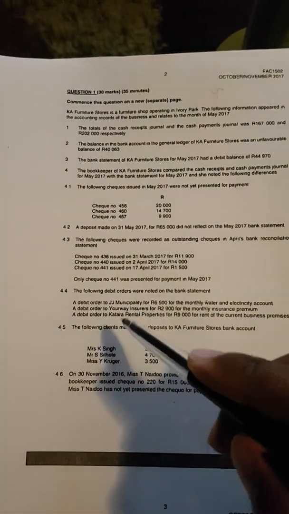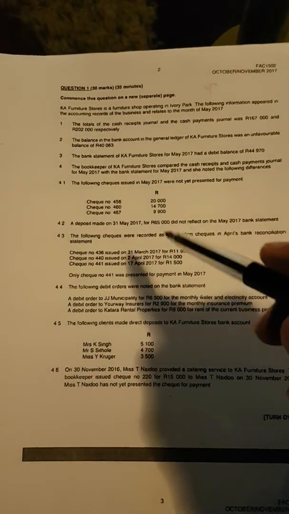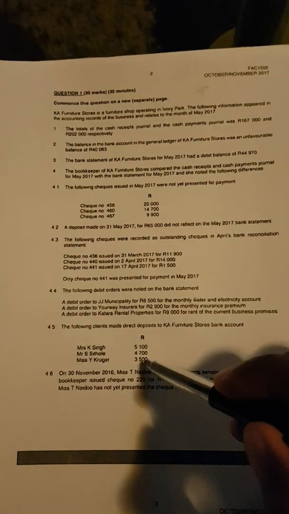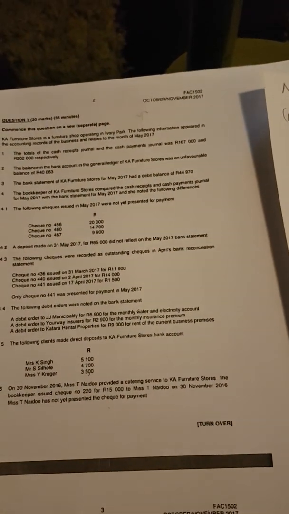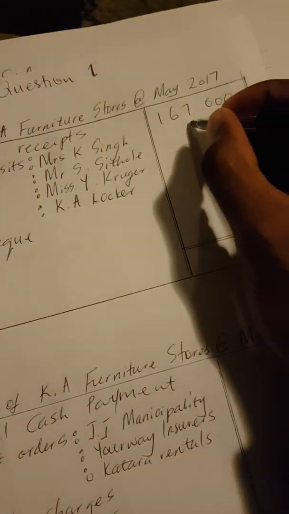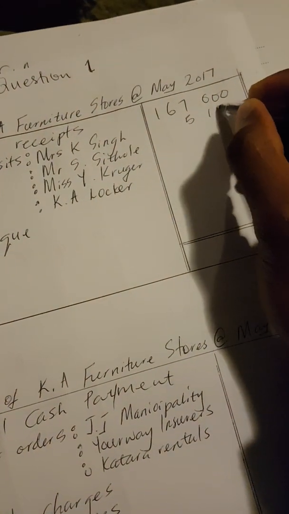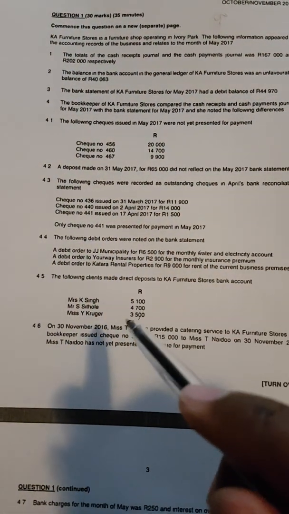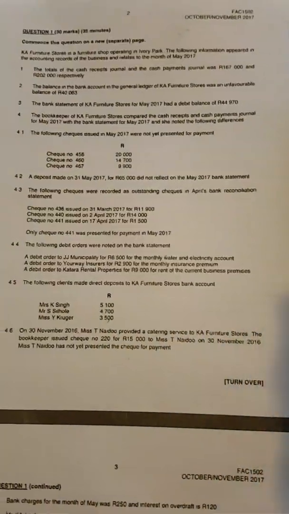It seems like we have several direct deposits here. We have Mr. K sign of 5,100. And Mr. S. Tole has a direct deposit of 4,700.